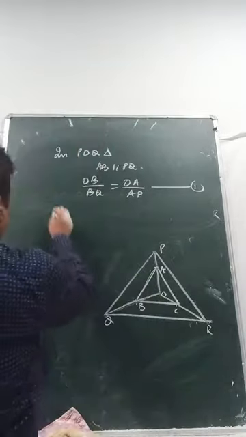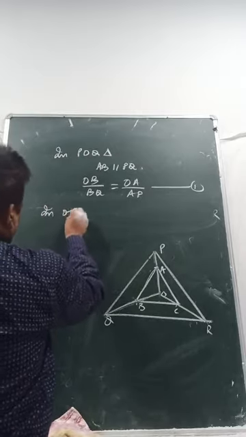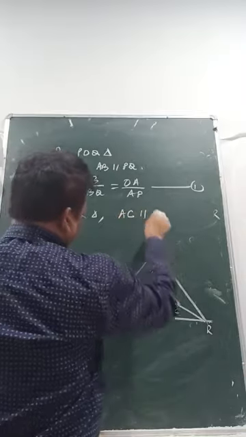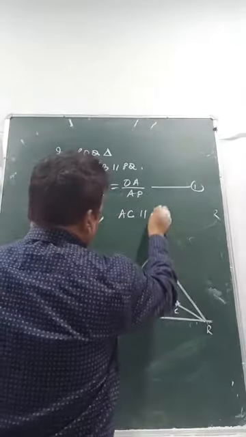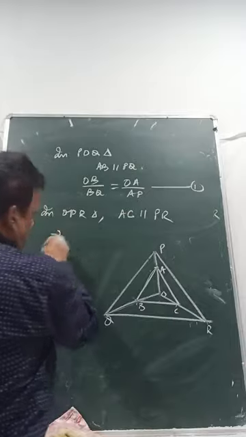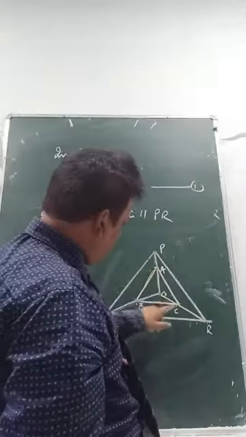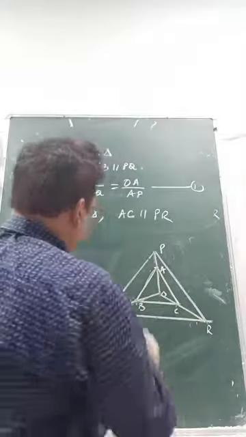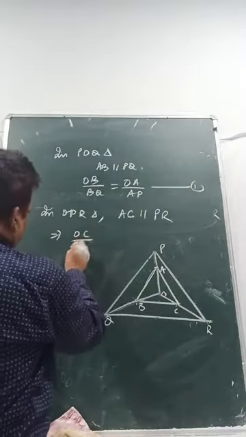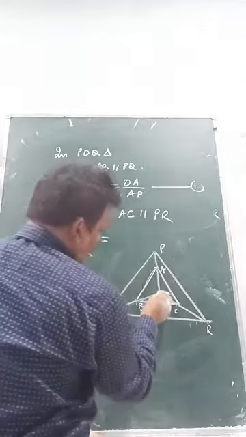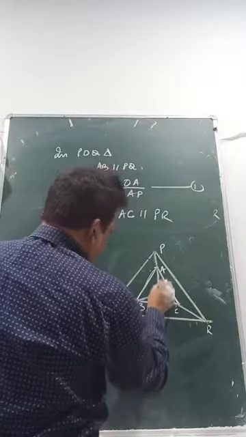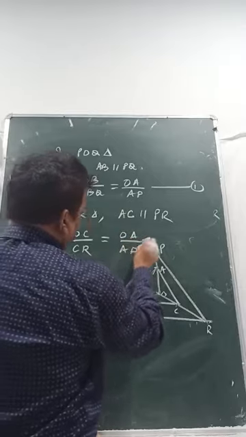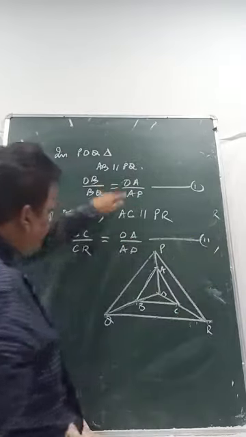AC is parallel to PR, so if this is parallel, OC by CR equals OA by AP. Look, OA by AP is common.